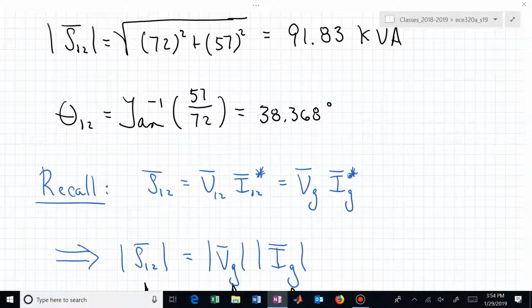Is each load the same impedance? That would mean what? If they had the same impedance, then their phase would be the same for these currents because the voltage is the same across them. Right? They're in parallel. So now if we wanted to know the phase of the current of each one, if we knew the impedance, and we know the voltage phase, now we know the current phase.